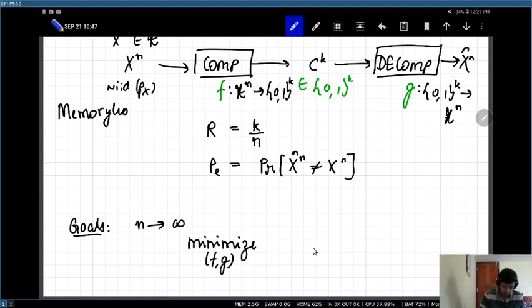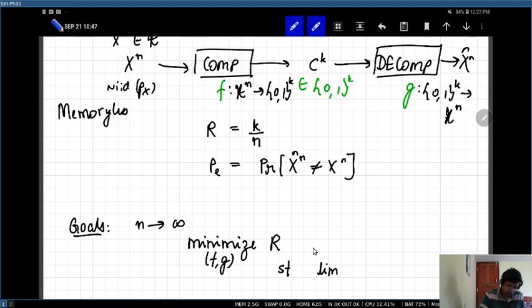The goal is to design these algorithms f and g such that you minimize r asymptotically, under the constraint that the probability of error is vanishing in n.